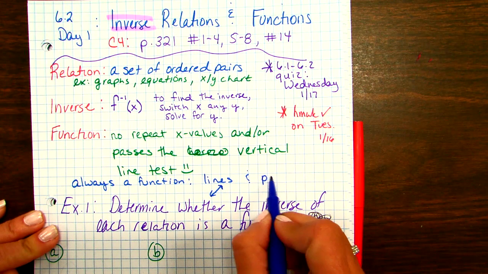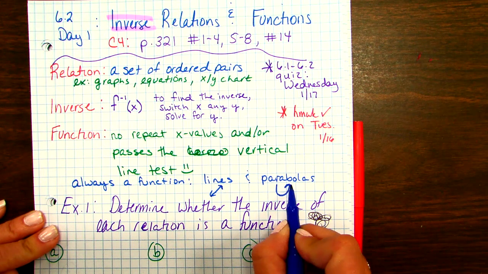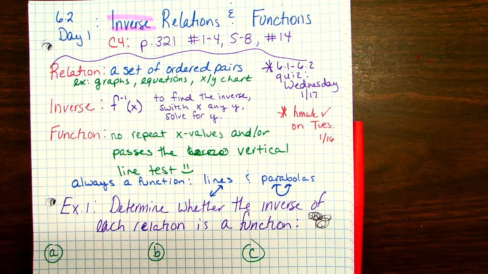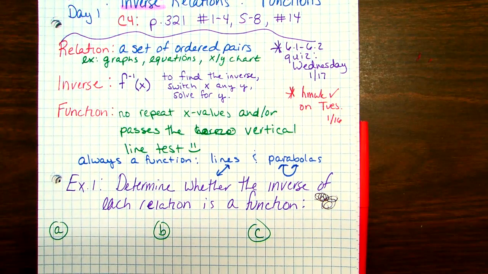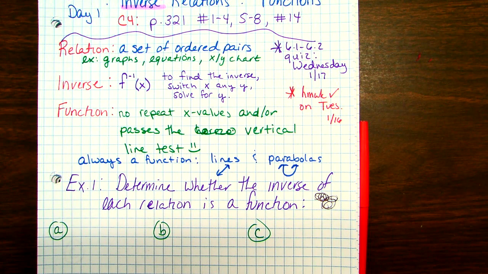And parabolas are like that U. Those are functions. So if you have a line or a parabola, you already know it's a function. But we're going to find their inverse and decide, is the inverse a function? Vertical line test. Yeah, I started to write horizontal and I crossed it out.